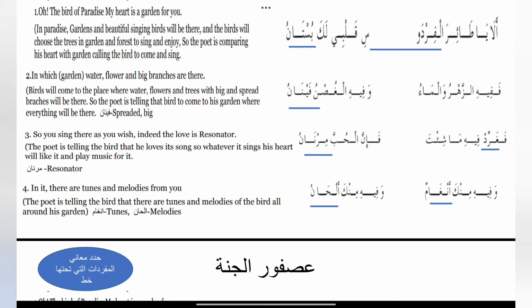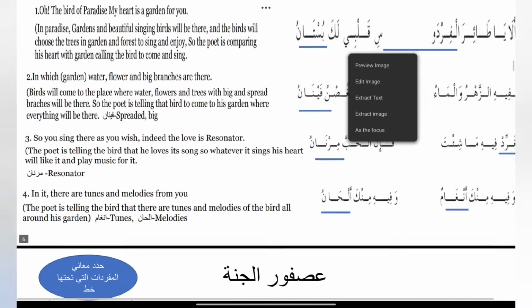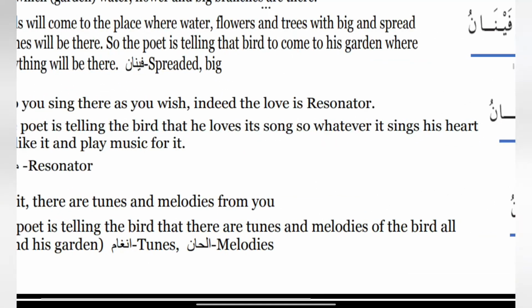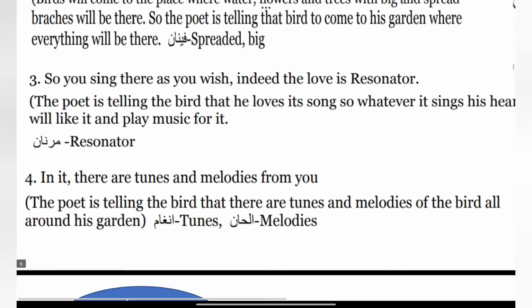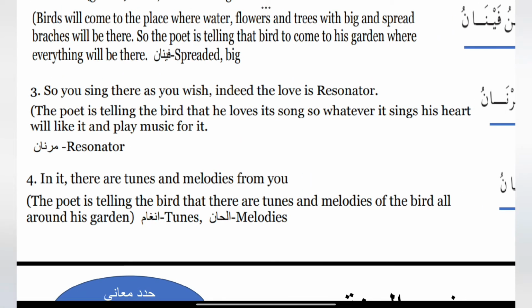Angham, tunes. Alhan, melodies. So here we can see that the explanation is given. In the third line, the poet is telling the bird that he loves its song, so whatever it sings, his heart will like it and play music for it.